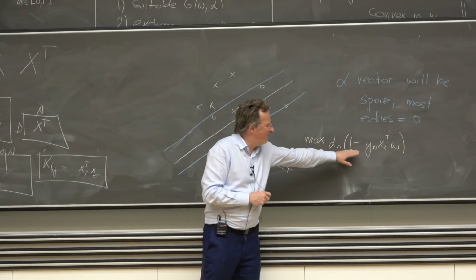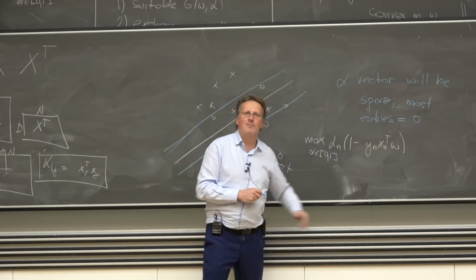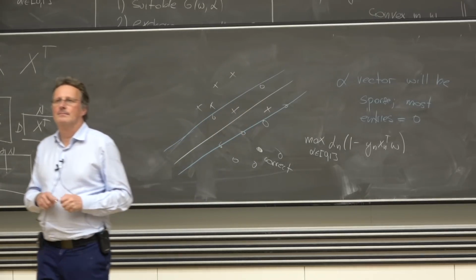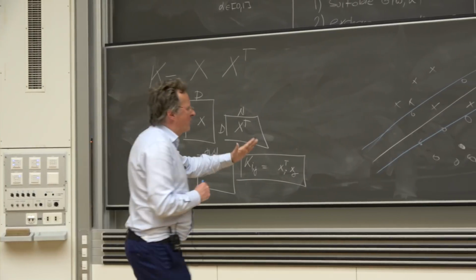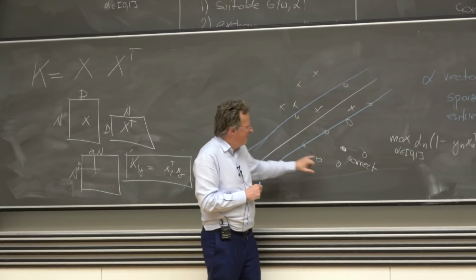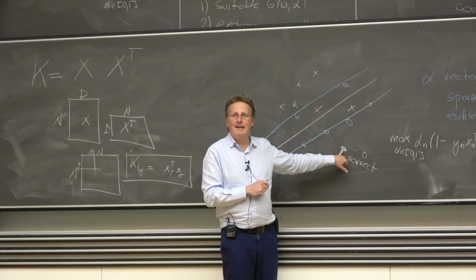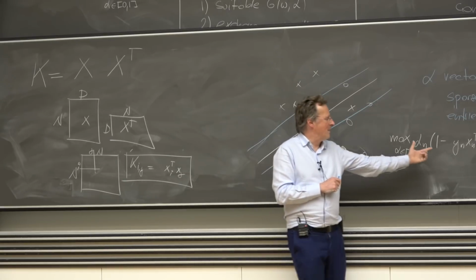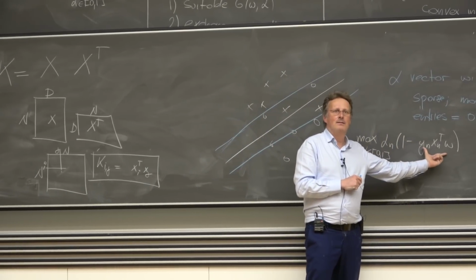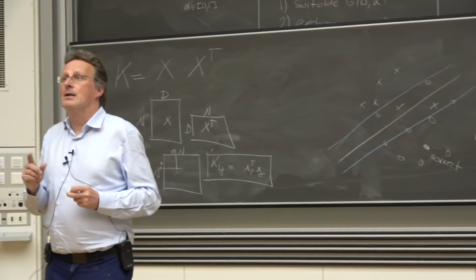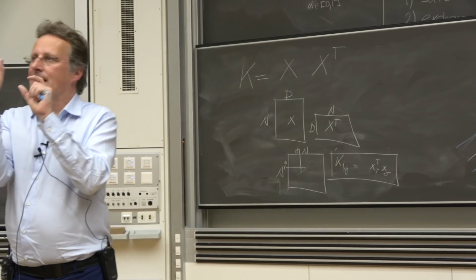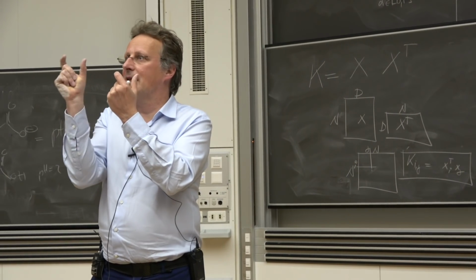So what does this mean for this argument here? Now we have fixed the w, and we see the picture, and let's assume that's the margin, and we're looking at this point. It's correct, and it's outside the margin. Without the 1 minus, this will be larger than 1.